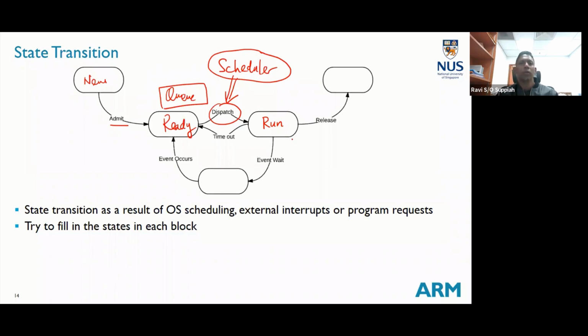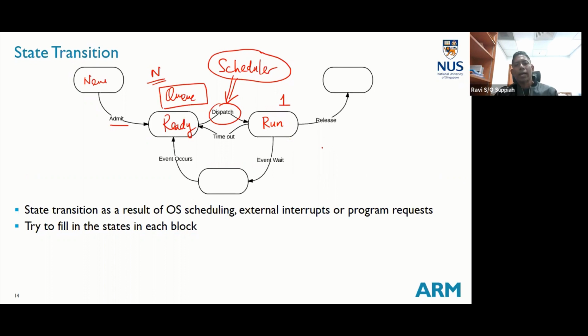When I'm ready, I'm not yet using the CPU. I'm in the queue waiting for my chance to run. So you can imagine I can have n number of tasks in the ready queue, and out of those n tasks, only one will be selected to run. Everybody else is still waiting in the queue.